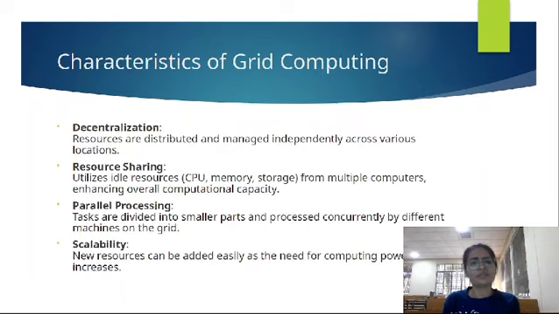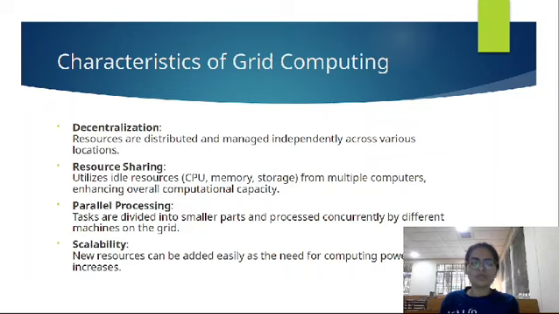What are the characteristics of grid computing? Decentralization, resource sharing, parallel processing, scalability. Decentralization means resources are distributed and managed independently across various locations. Resource sharing means utilizing the idle resources like CPU, memory, and storage from multiple computers. It enhances the overall computational capacity.